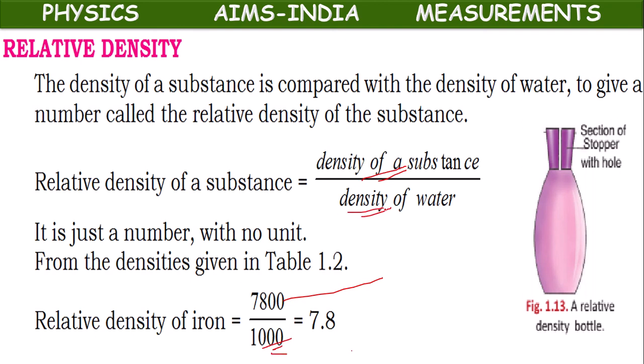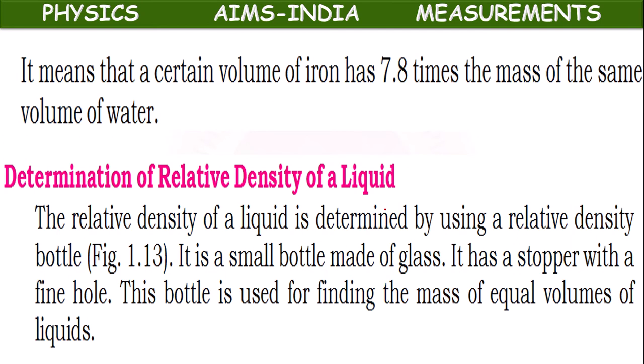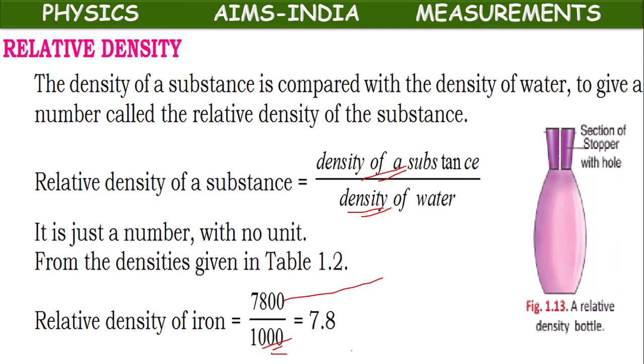So relative density 7.8 means that, because this is of iron, the density of iron is 7.8 times more than water. Whenever they are comparing relative density, they compare with the density of water. So the relative density of iron is 7.8 times more than water.